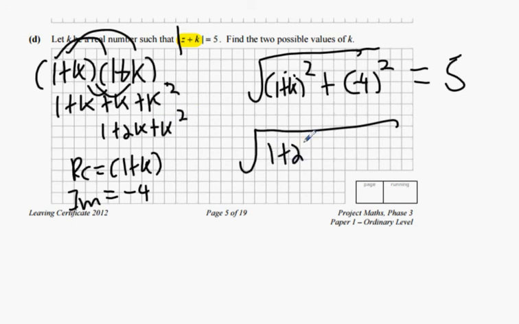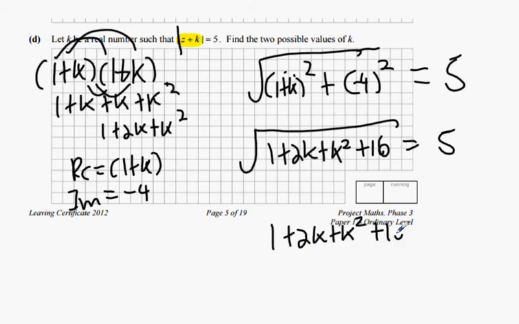Then multiply minus 4 by itself and you get 16. That equals 5. Now, we have a square root on one side. Any idea how to get rid of a square root? Square both sides. Okay, so you get 1 plus 2K plus K squared plus 16 equals 5.